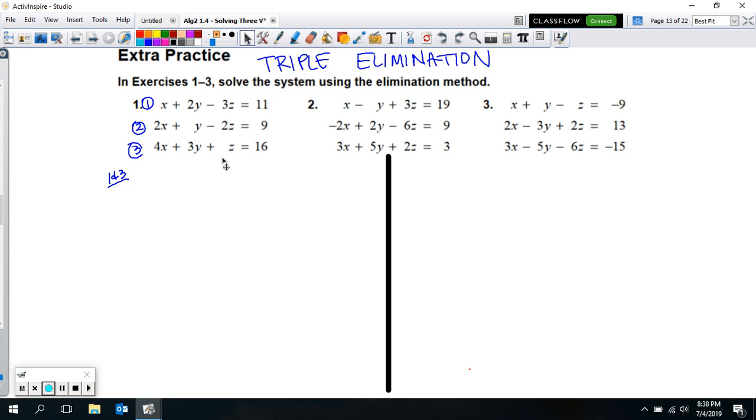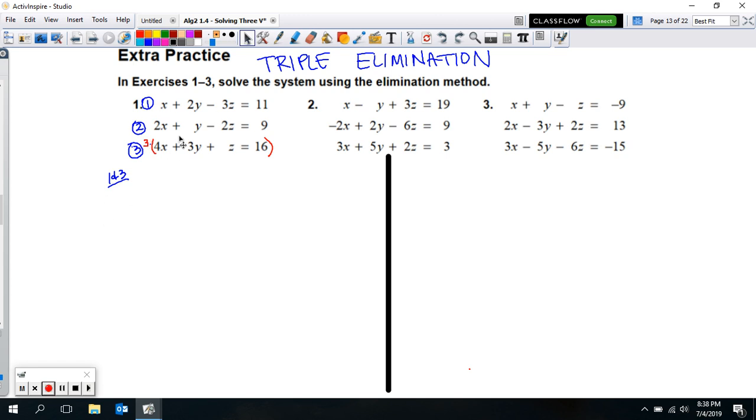That might be the best one to get rid of in this case. And so what we would want to do then is multiply the equation at the bottom there, that third equation, by 3. The reason why is, as we multiply this by 3, this z here will become a 3z, which will be opposite of our negative 3z. So we'll multiply every term in this one by 3.